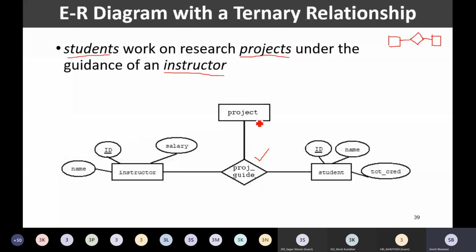So all these 3 entity sets are associated through this relationship set project guide. So we say that this project guide relationship set is ternary, having degree equal to 3, because 3 entity sets are participating.